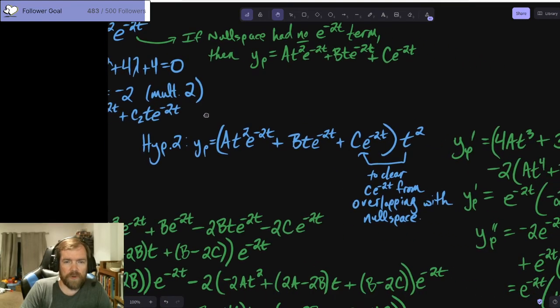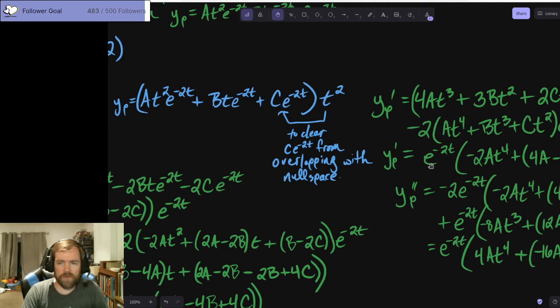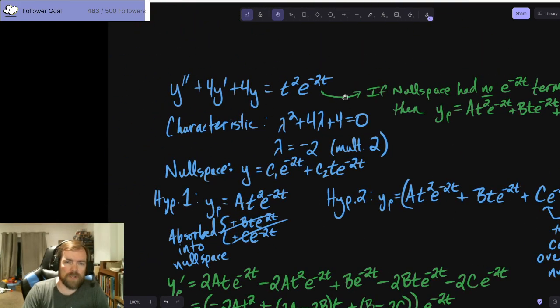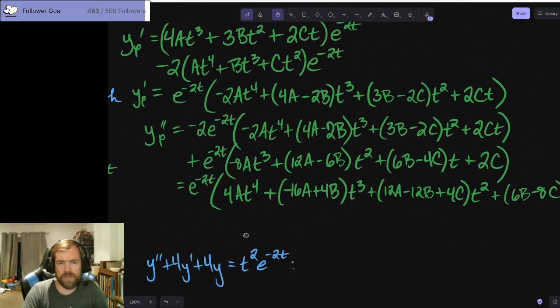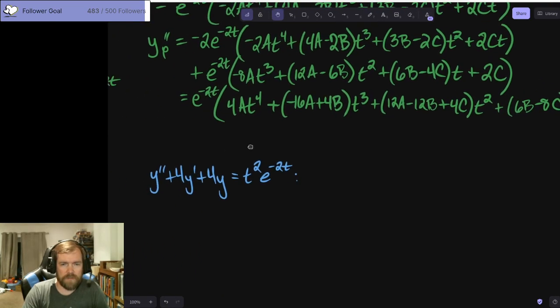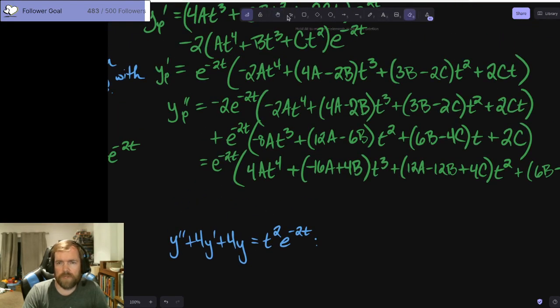So the first term that we are allowed to have in our particular solution is going to be capital C t squared e to the negative 2t here. Then when we take the first derivative, we get this monster down here, and second derivative, we get this monster down here. Then we need to plug all that back into our original differential equation with the non-homogeneous portion, and that should allow us to solve for A, B, and C in those particular places.